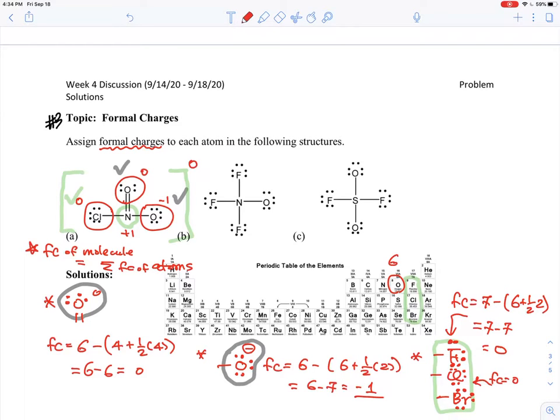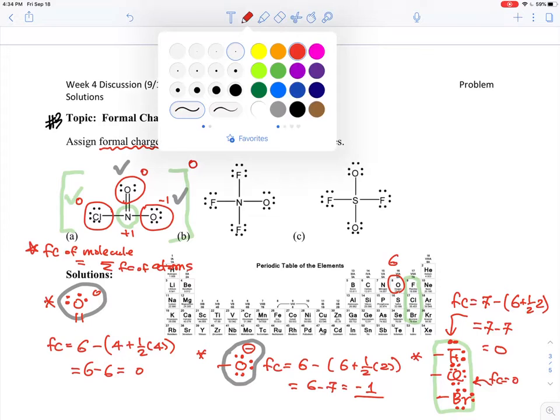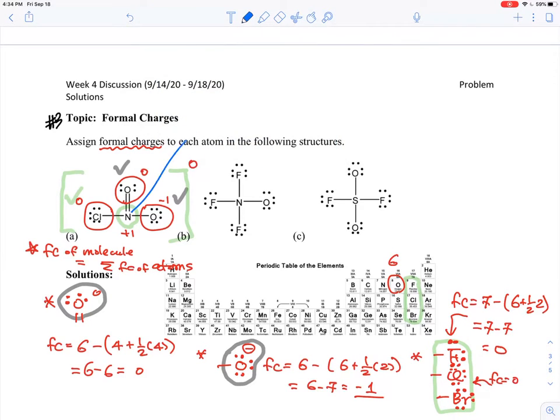That could be a shortcut way to do it. And one way to follow the rule is nitrogen. Nitrogen is here, so that's a 5. So 5 minus lone pair electrons, there's none. Half of the bonded electrons, there are 4 bonds, so 8 electrons. So 5 minus 4 is +1. So I confirm my answer that this is a +1.